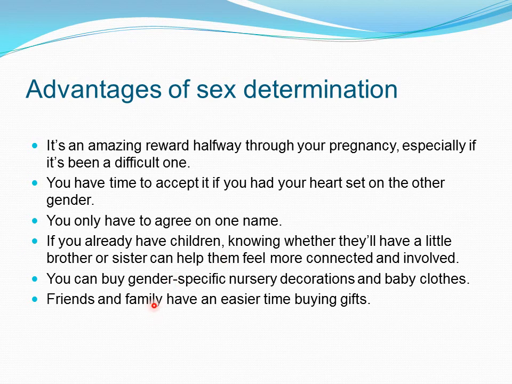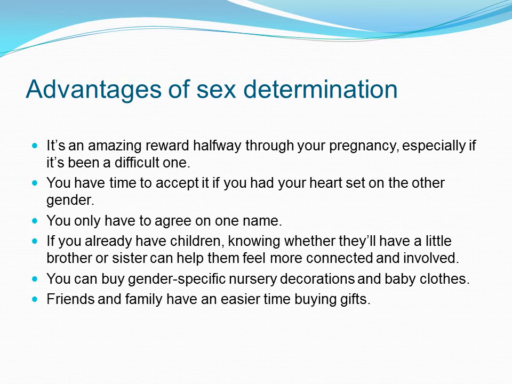A person may buy gender specific clothes or nursery decorative items, because things for a baby boy will be different from the things for a baby girl. And friends and family, after knowing whether it is a boy or a girl, will find it easier to buy gifts. Now these are all the quick and easy advantages of sex determination.